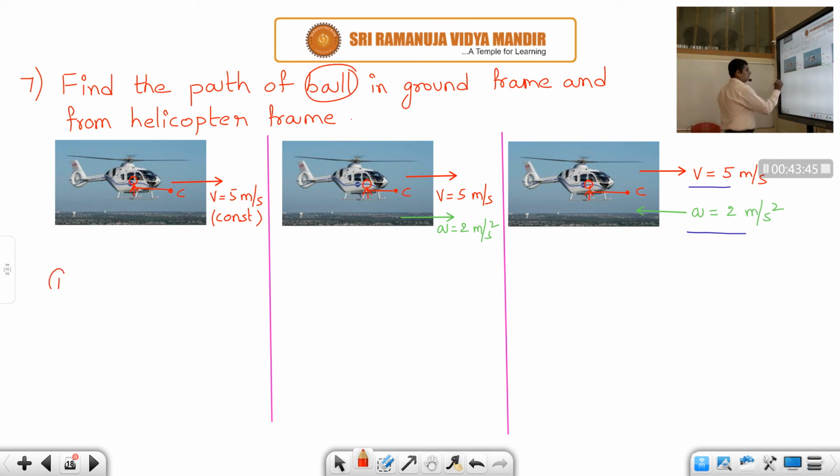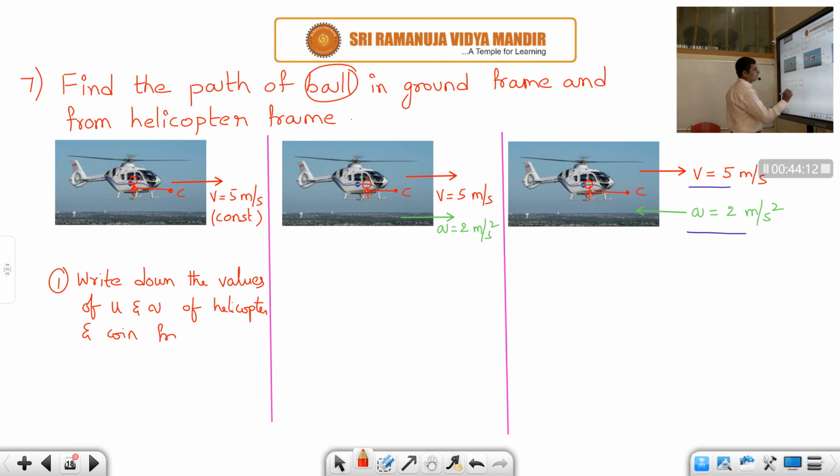Okay, I am giving you the hint. First step is write down the values of initial velocity and acceleration of helicopter and coin from ground frame.